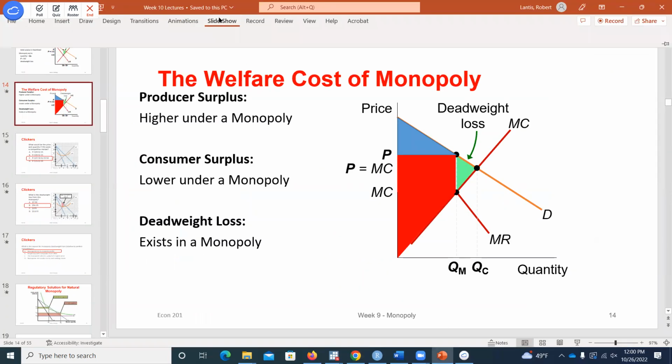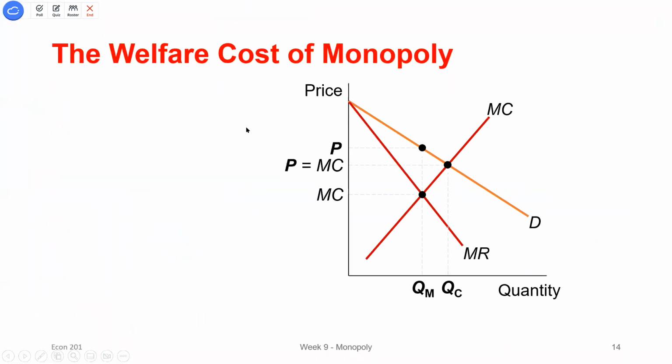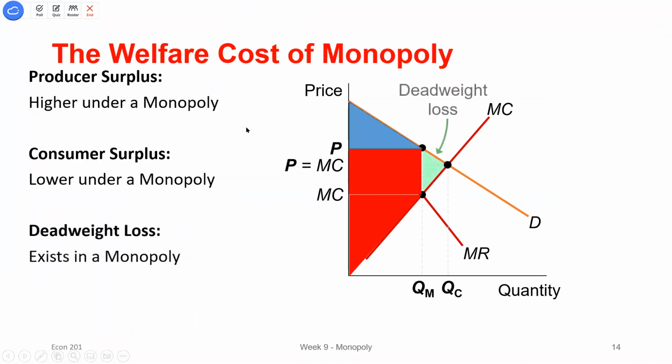All right, so we left off last class thinking about monopolies. One way to think about this is that anytime we have a monopolized market, we know the price is always going to be higher, and we know the quantity is always going to be lower.